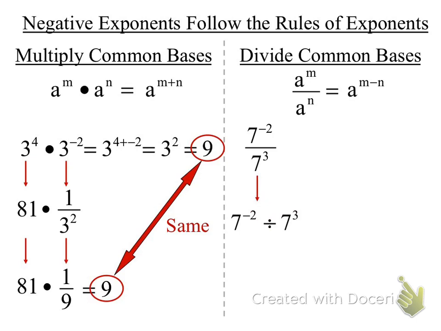Sorry, it's divided, right? 7 to the negative 2 divided by. Isn't that the same thing as 1 over 7 squared divided by, or multiplied by, you know, remember with fractions, we multiply by the reciprocal. So that's why it's 1 over 7. Do you understand why it is that?